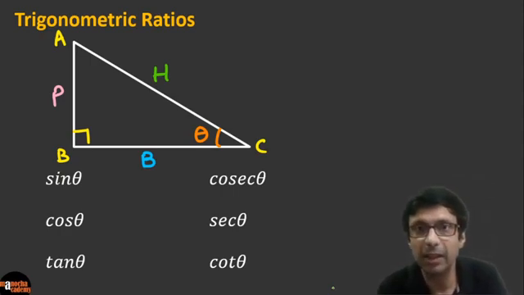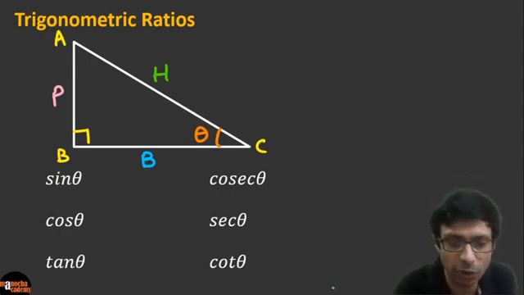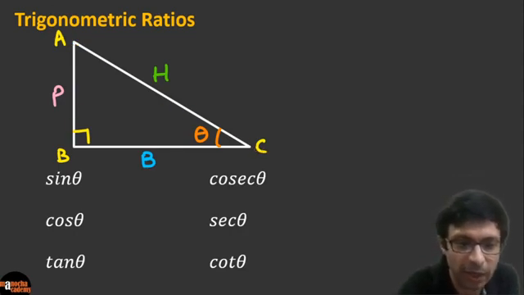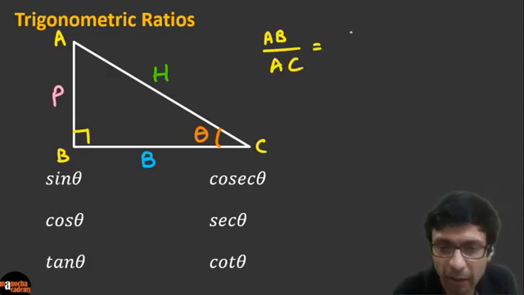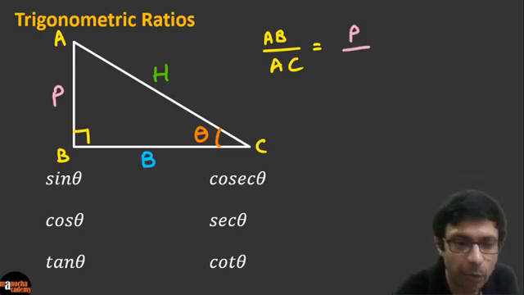And now we can take the ratio of the sides, which are defined as the trigonometric ratios. So if we take the ratio of the perpendicular by the hypotenuse, so P by H, right? So let's say I'm taking the ratio AB, which is the perpendicular here, by AC, and that's going to be perpendicular by the hypotenuse.